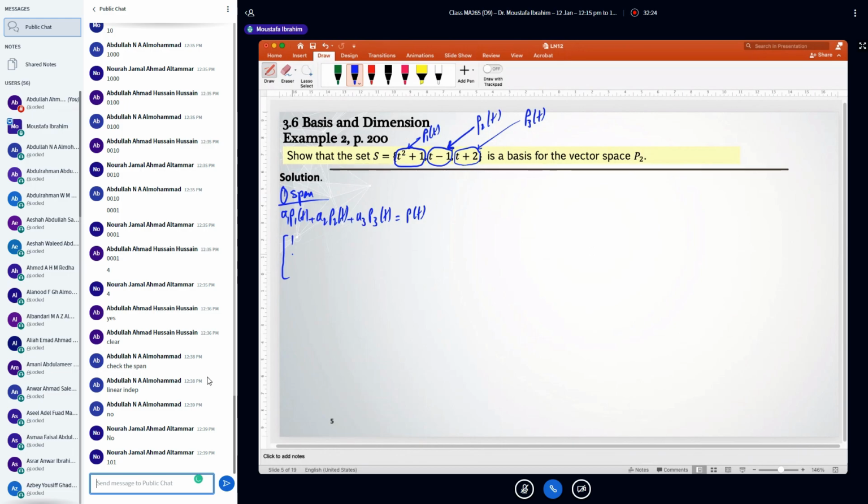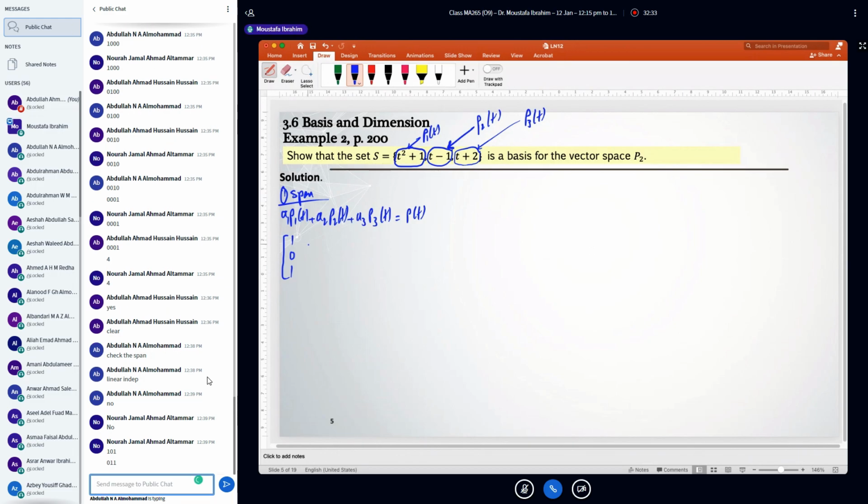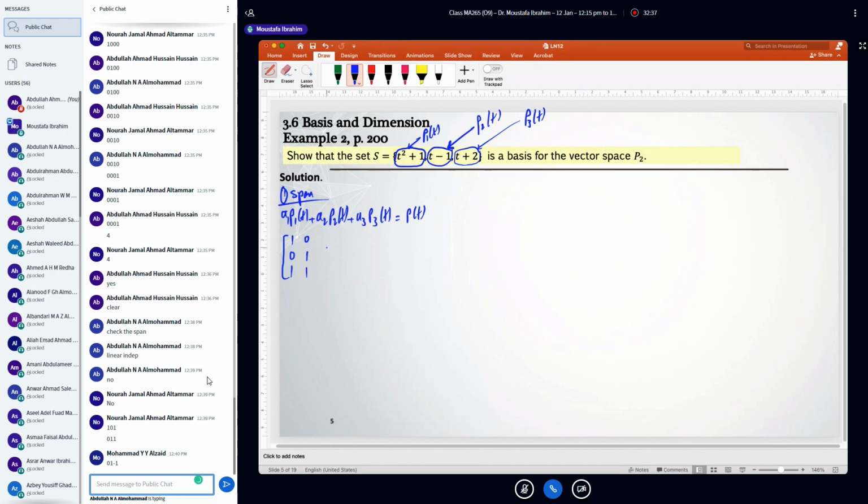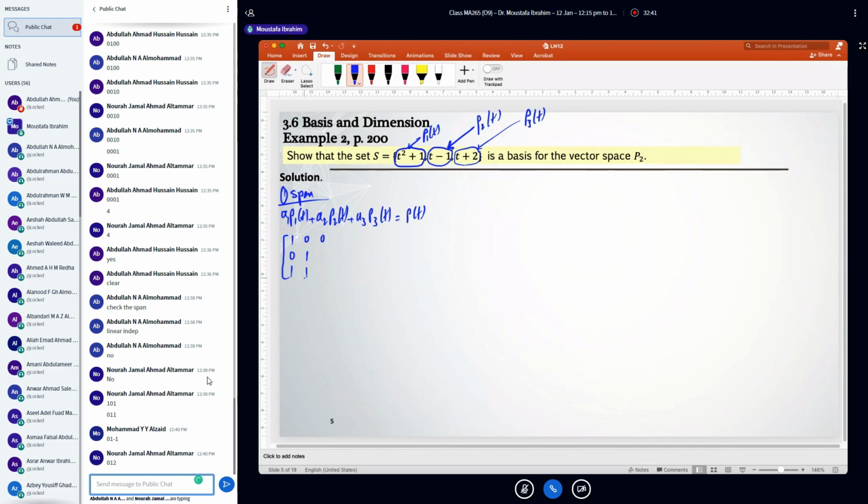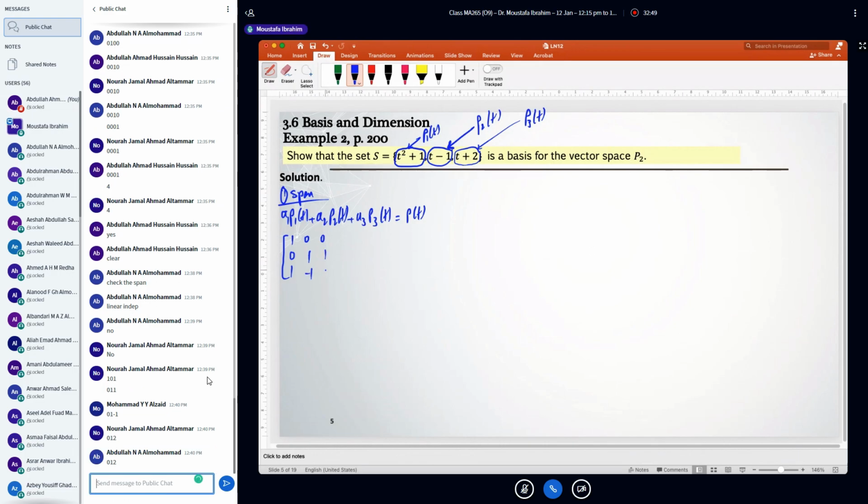So 1 t squared, 0 t, and number alone 1. p2: 0, 1, 1. p3: 0, 1, 2. And p of t is a, b, c.